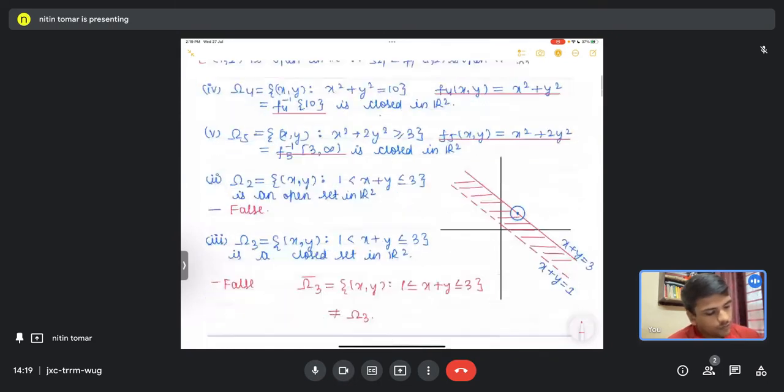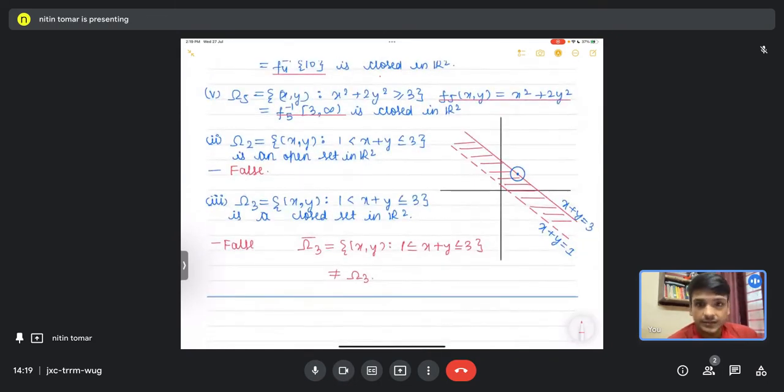Now let's go to the second and third options. The second option is (x, y) such that x plus y lies between 1 and 3, with strict inequality from 1 and slack with 3. I have drawn the graph, and it's easy to see by the graph.